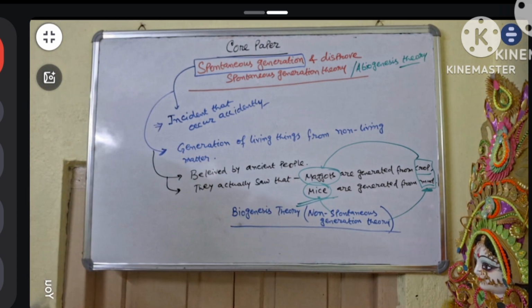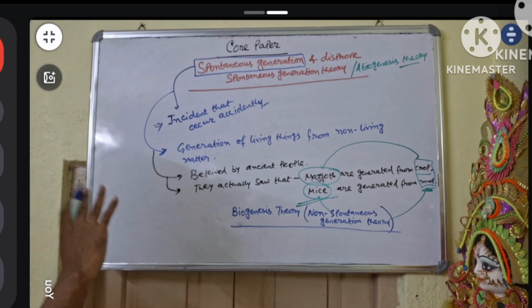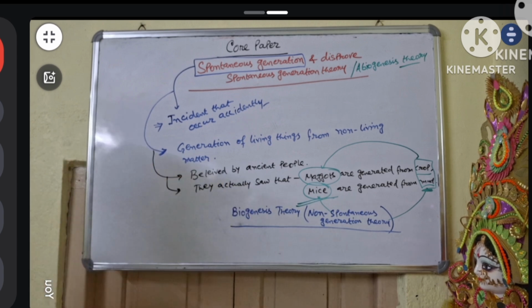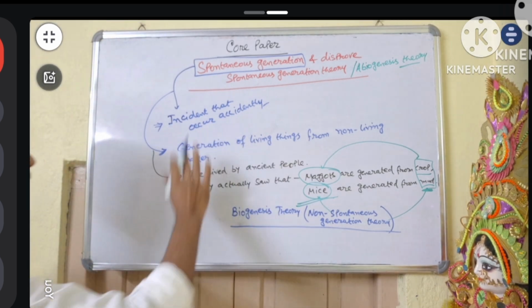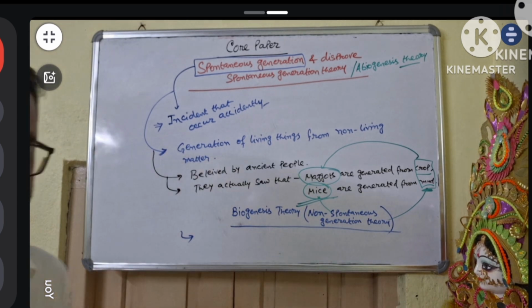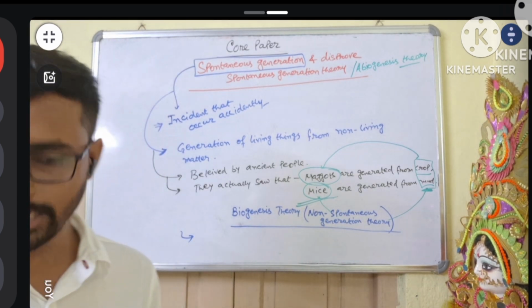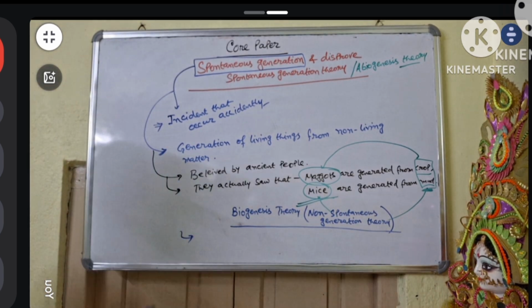The majority of people believed in the spontaneous generation theory. The concept is that non-living things generate living things. Some philosophers believed the biogenesis theory. What does it mean? It means completely opposite: living things always generate from living things. That means a living thing must be generated from pre-existing life.